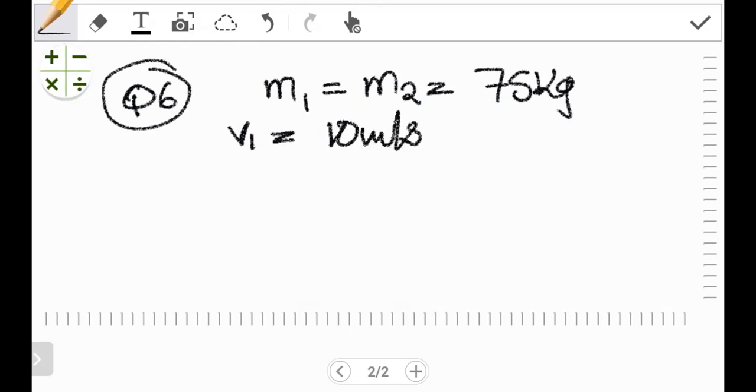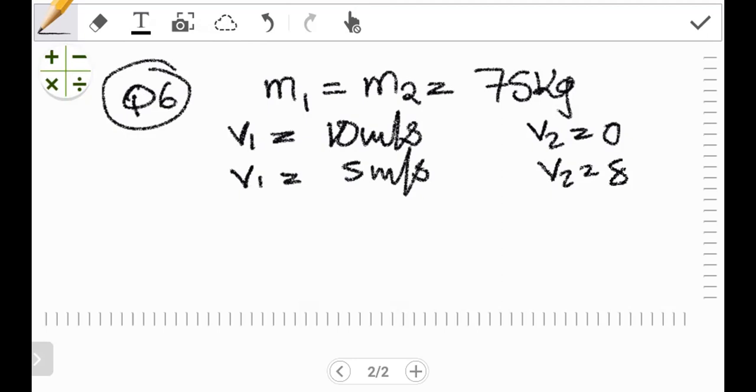And the second one, v2, was initially at rest. So after collision, v1 now has a velocity of 5 meters per second. Of course, it's the same as v2, since they move together after collision. Okay.